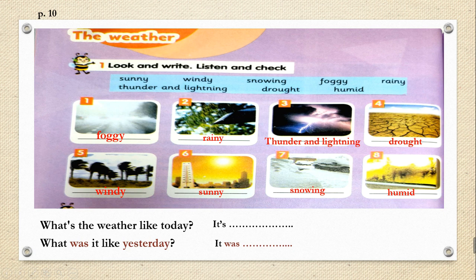So what is the weather like today? I can say it's foggy, it's rainy, it's snowing, it's sunny. If I ask you, what was the weather like yesterday? It was windy, it was drought, it was rainy. Okay?